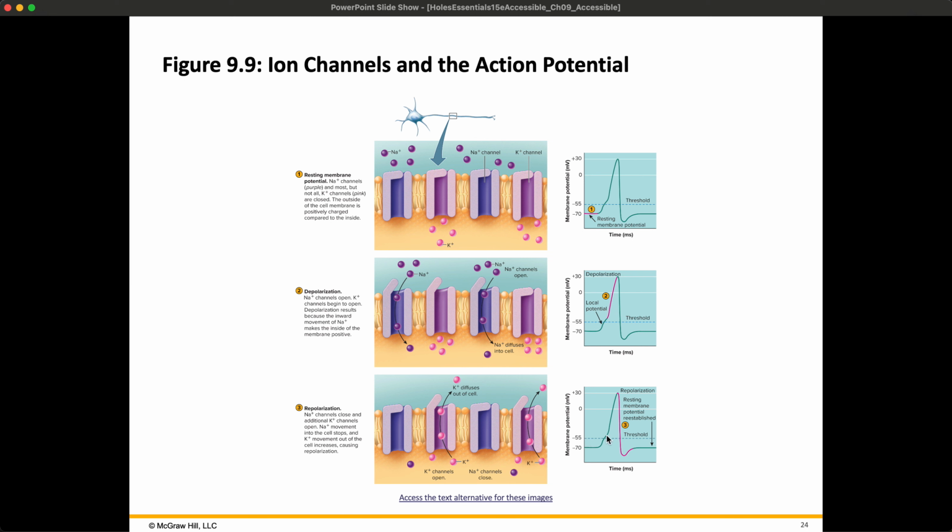And so once the voltage of the cell reaches +30, these voltage-gated sodium channels close, so that potassium can be the only thing diffusing out of the cell, which then hyperpolarizes it down here to -90 or so, and then levels back off at the -70.